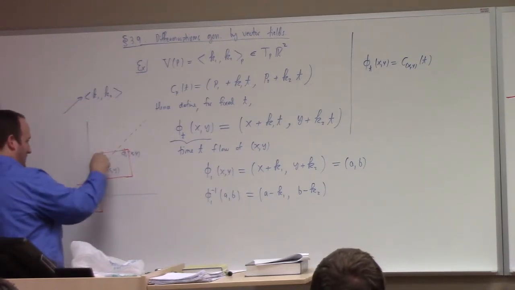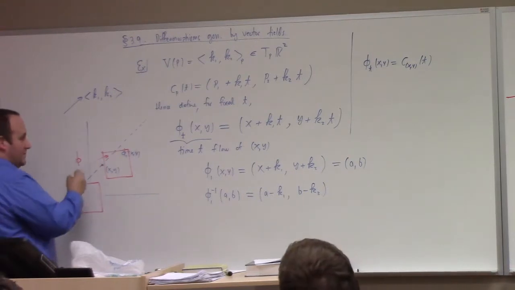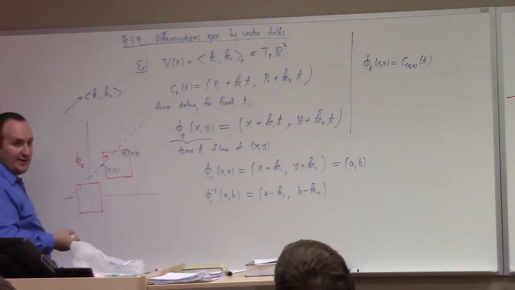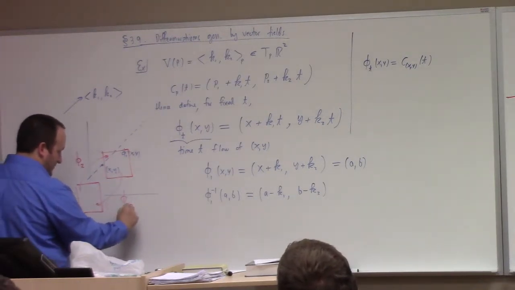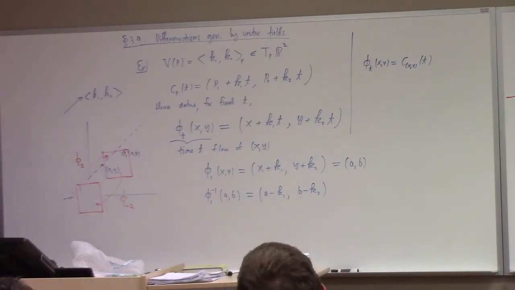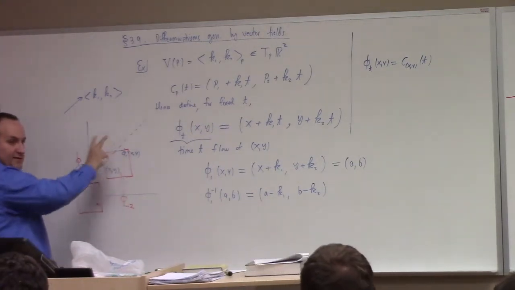To get from here to here, I could look at phi 1 perhaps, say it's phi 2. To map back, I would use phi minus 2. And so this is in fact a diffeomorphism that's generated by this vector field.